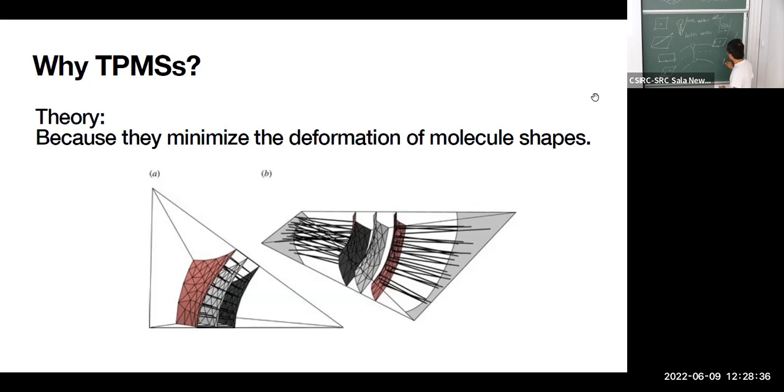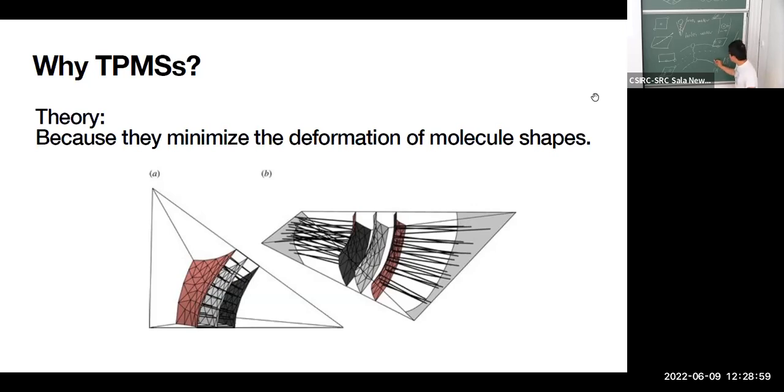So if the spontaneous length is L, I want this thing to be small because the molecule doesn't like to be stretched or compressed. And I also want the mean curvature not far from the spontaneous curvature.